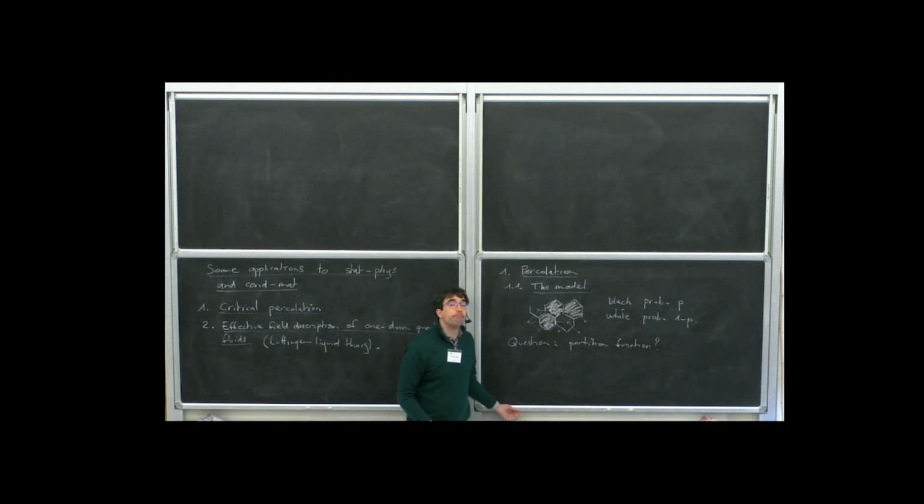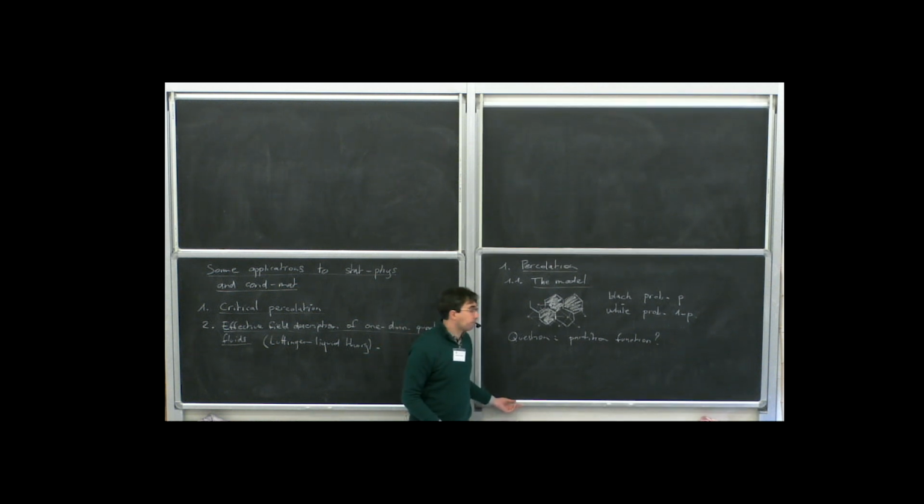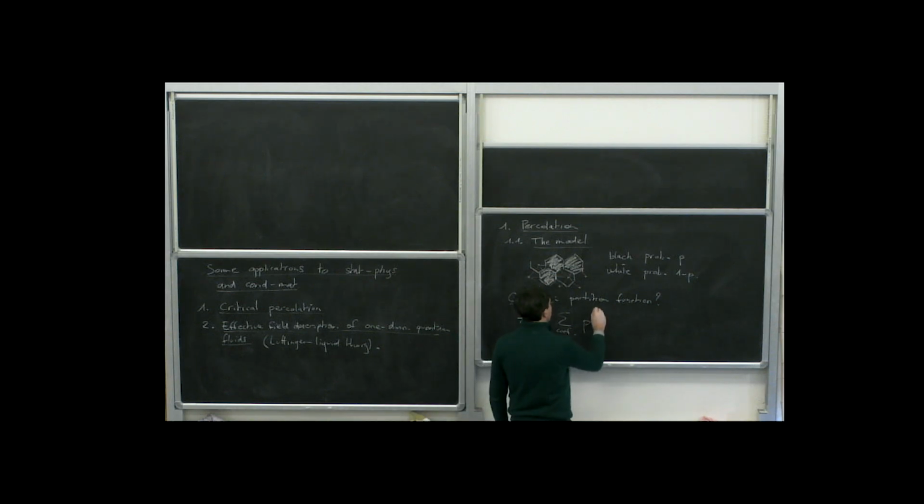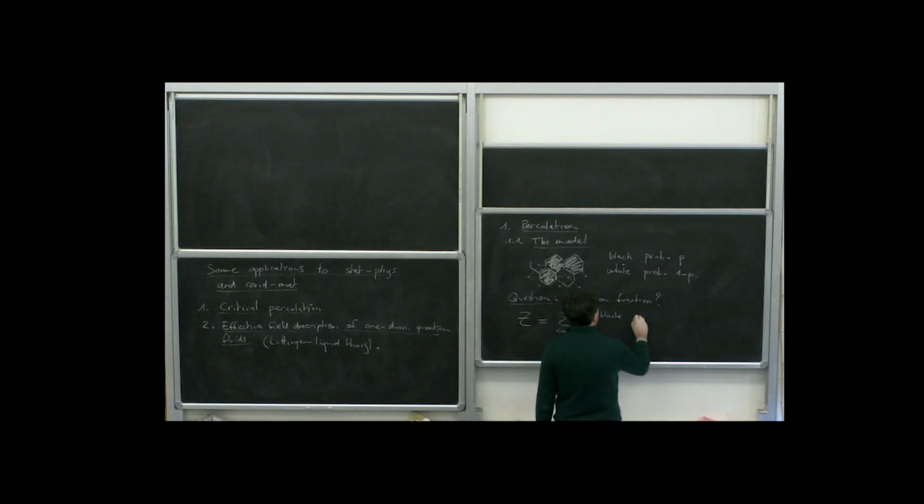Well, if we define the partition function as the sum over all configurations of the probability of each configuration, it is going to be p to the number of black sites times 1 minus p to the number of white sites.